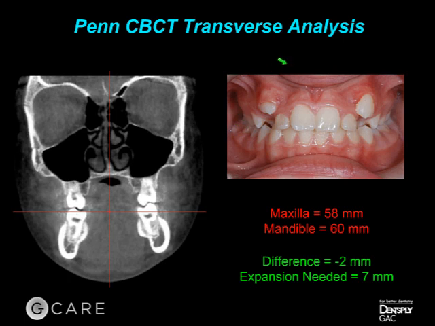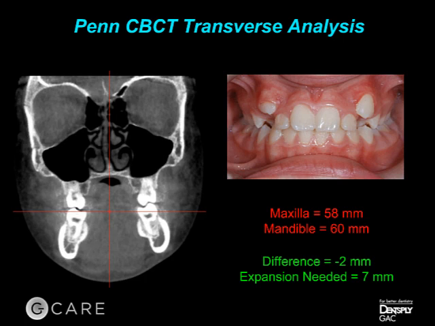Like you said, you have to do a measurement to determine how much expansion, but you can at least have a thought or a suspicion that there may be an underlying expansion need on the case just by looking in the mouth. And if you see this extreme inclination of the lower posterior teeth, you can likely suspect that when you do measure, the upper jaw is going to be much too narrow for the lower. But then when you measure, you determine how much is actually needed.